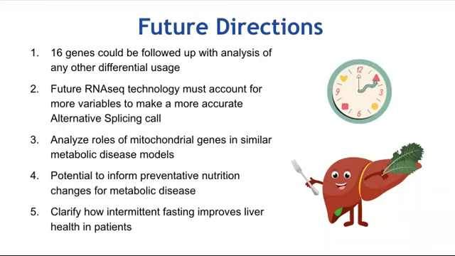Another more relevant implication of the research is intermittent fasting. Intermittent fasting has been going around for a while. It's becoming a really common way to improve liver health through diet in patients with metabolic disease. In previous studies, we've seen that intermittent fasting can alter HNF4 alpha activity.